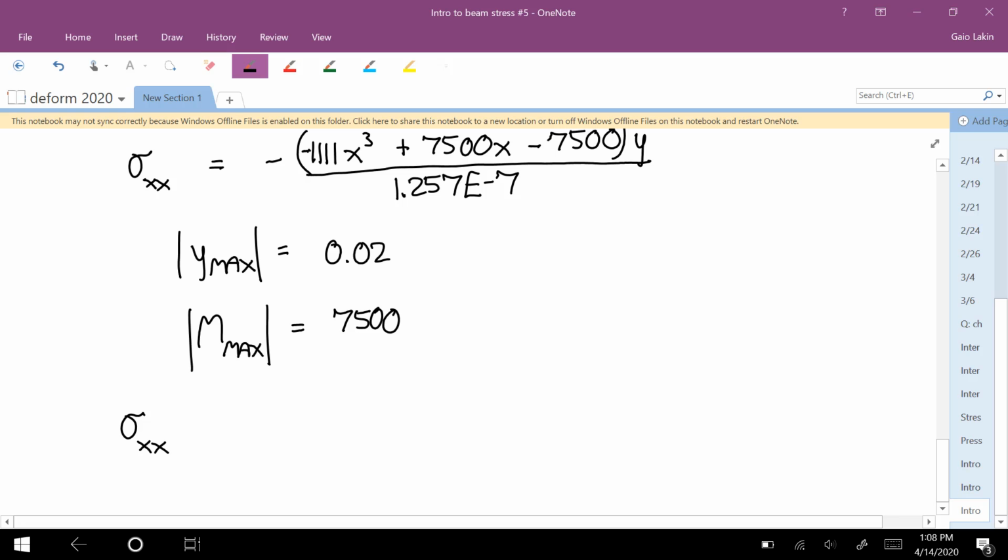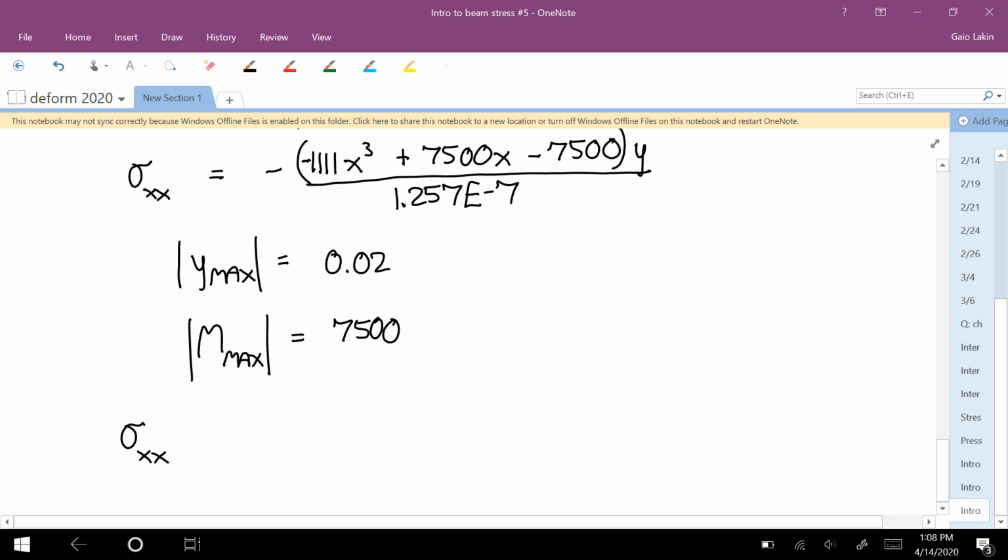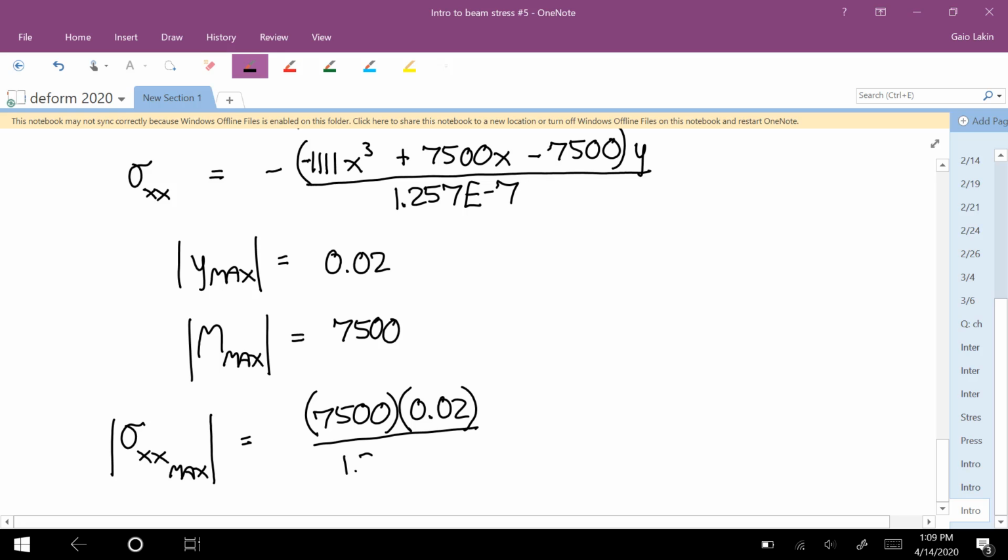And now you can plug those into that function. And what you get is the greatest absolute value of normal stress. You can throw away the negative on the outside. It is 7,500 at the top or bottom of the cross section. So that's 0.02 divided by 1.257 times 10 to the minus 7.